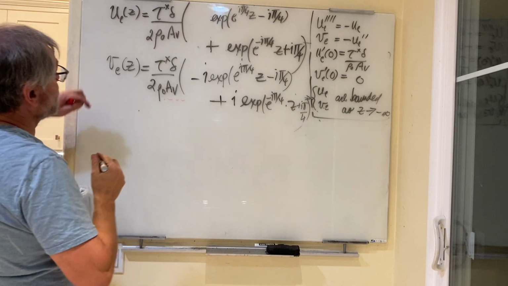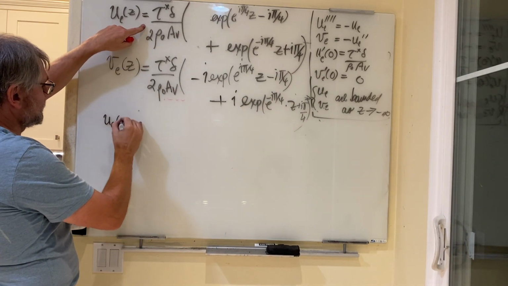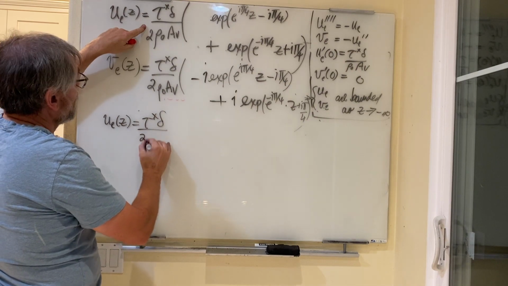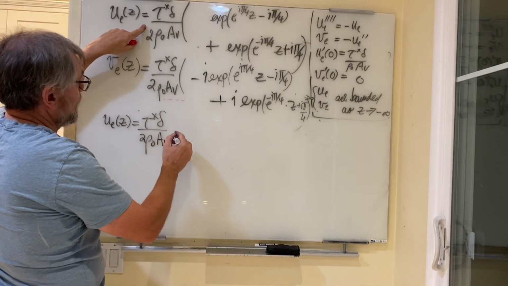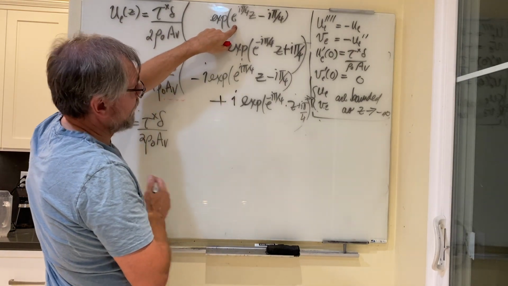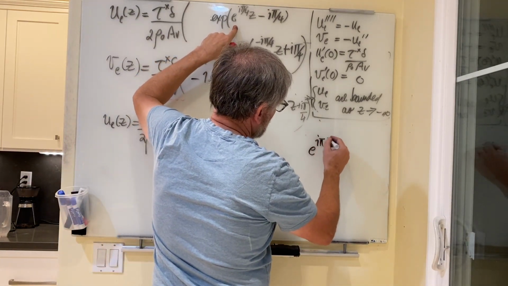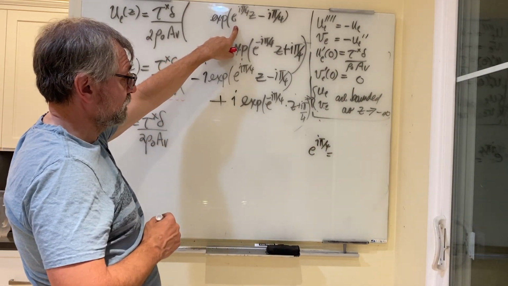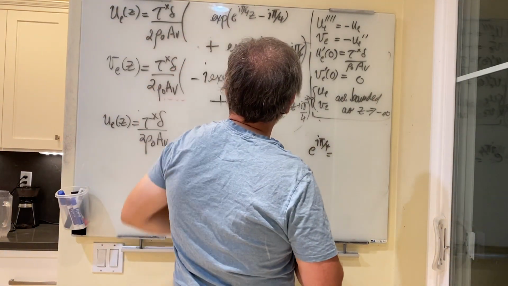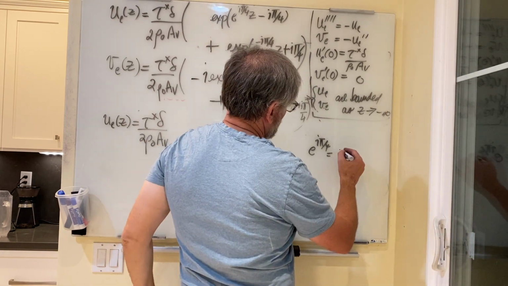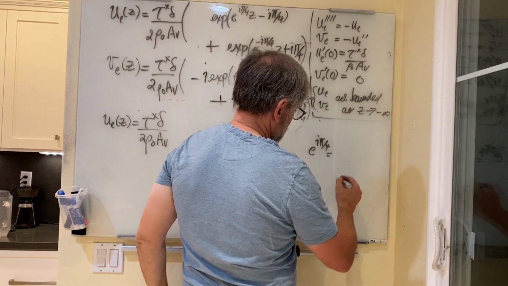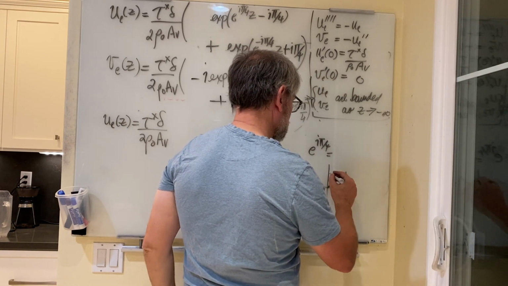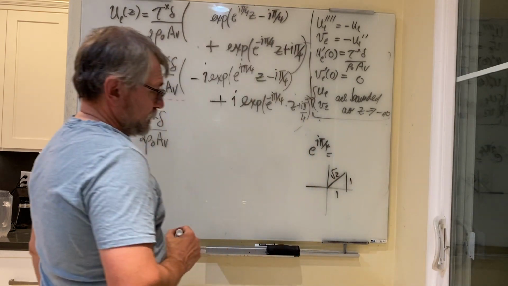So the first expression, UE of z is equal to tau x delta over 2 rho naught AV. Remember, e to the i pi by 4 is equal to, there's a real part and there's an imaginary part to that. Right, pi by 4. If this is 1, this is root 2.